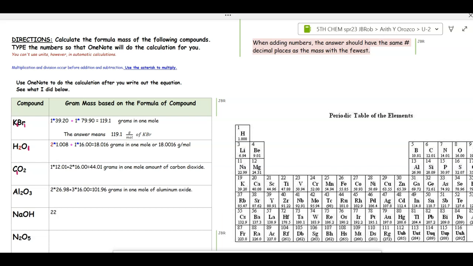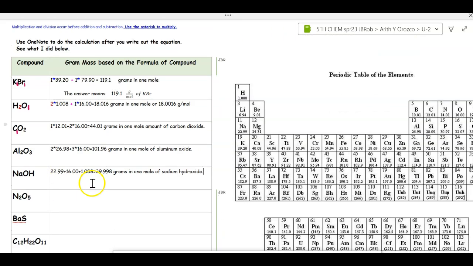So sodium 22.99 plus 16.00 plus 1.008 for hydrogen equals, enter, and 39.998 grams in 1 mole of sodium hydroxide. Do you see how fast we're speeding along with this?